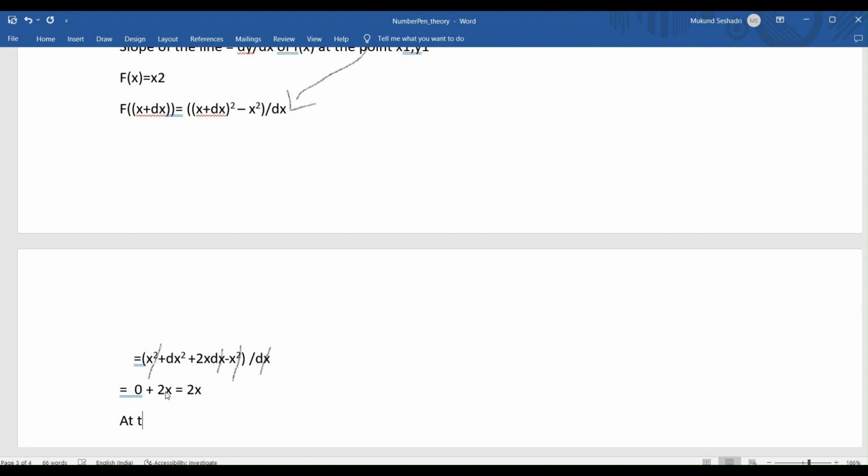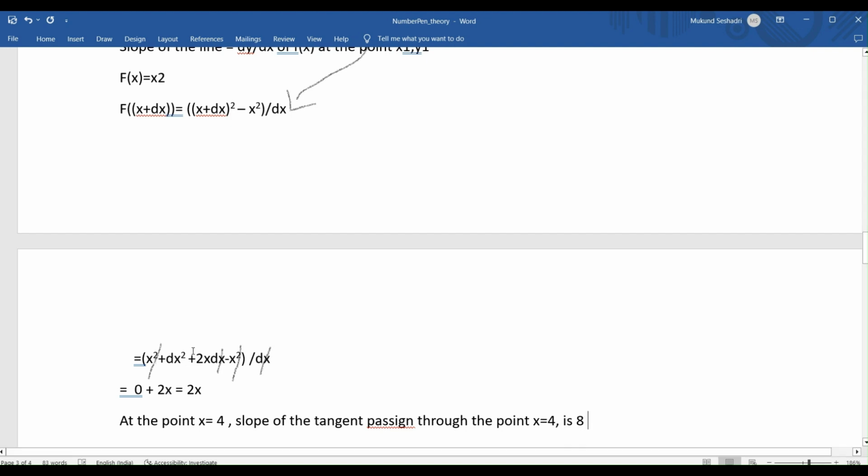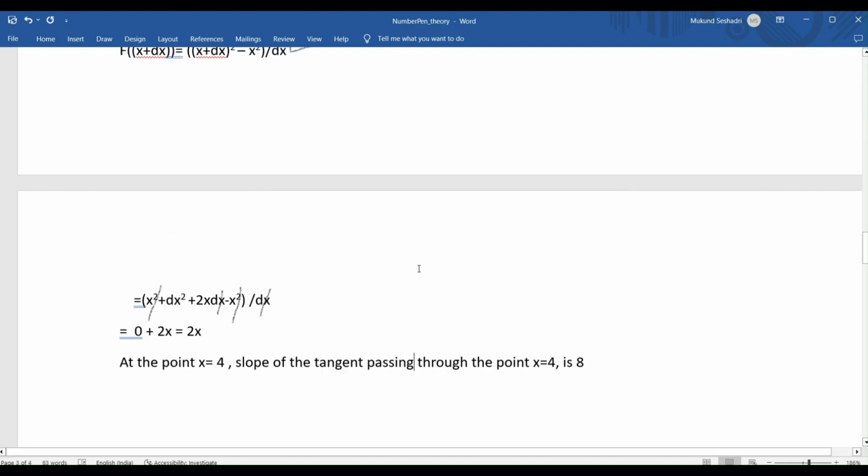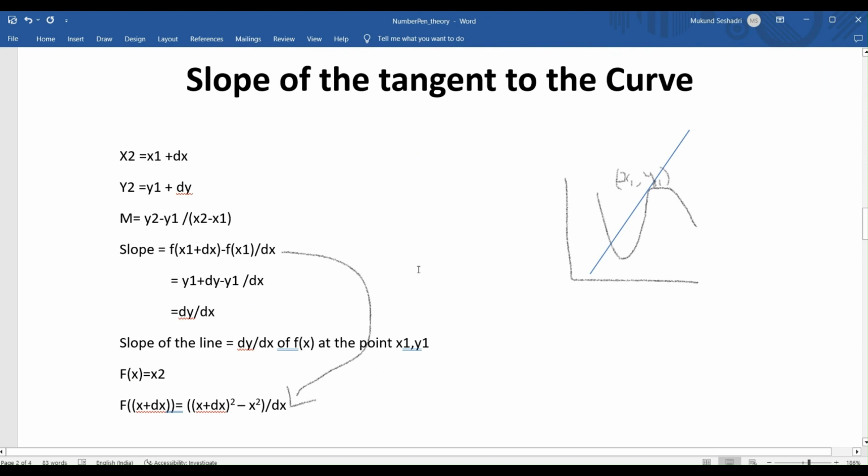So at the point, say, x equals 4, the slope of the tangent passing through x equals 4 is 8, which is 2 into 4, right? So that's how we arrive at the slope of the tangent to the curve.